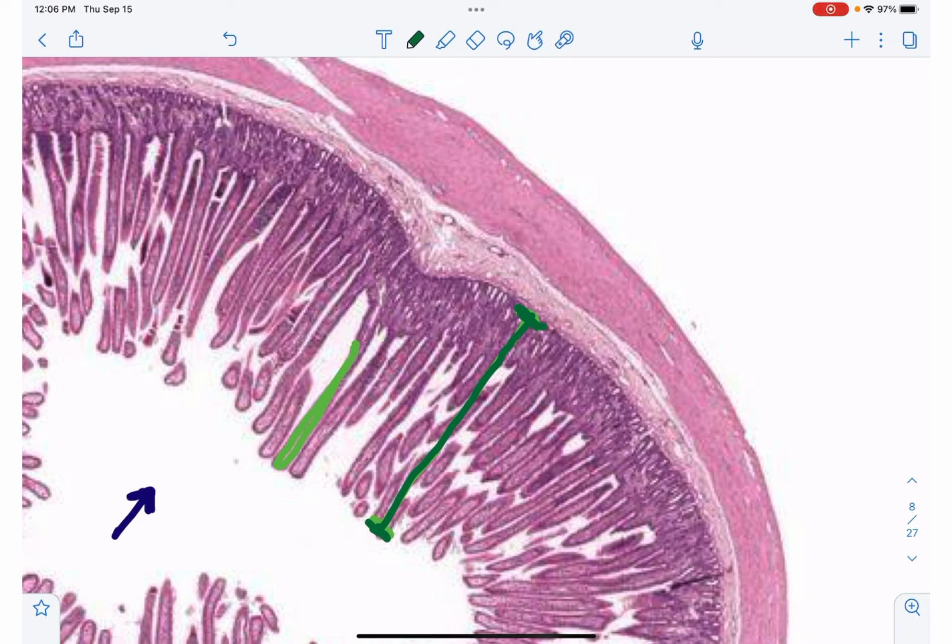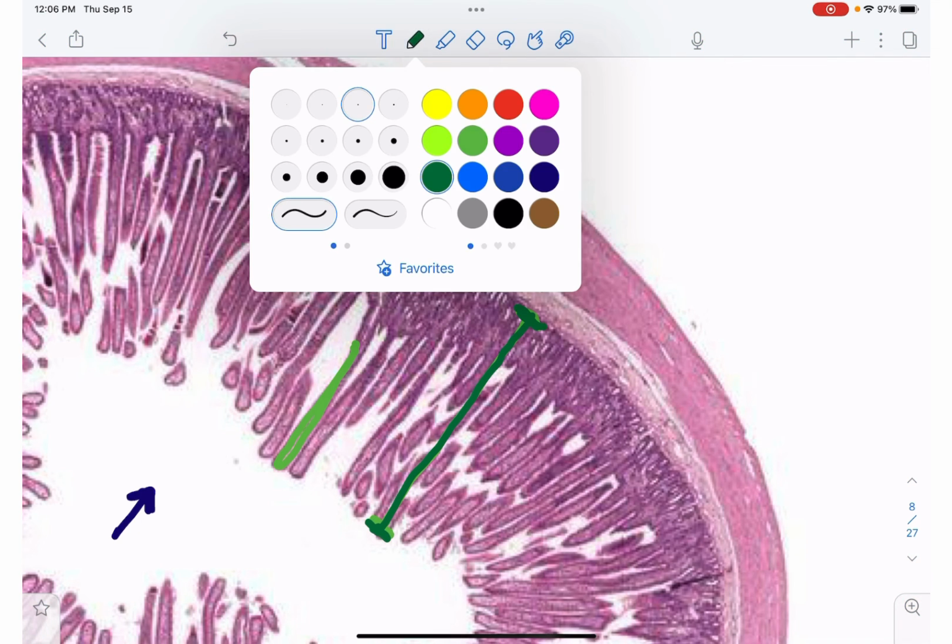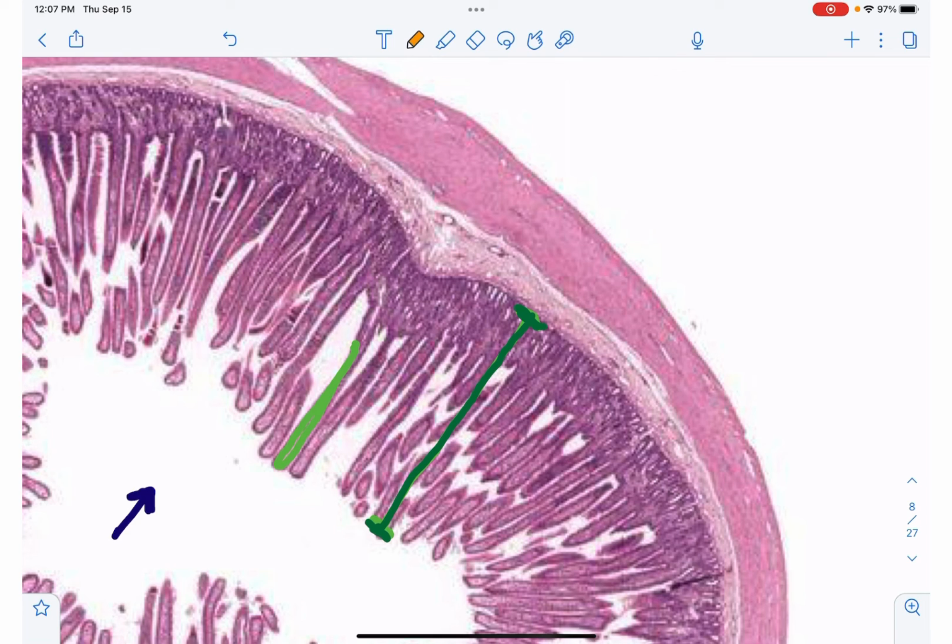The next layer is the submucosa, and that's that area right there. And then we get into the muscularis externa.